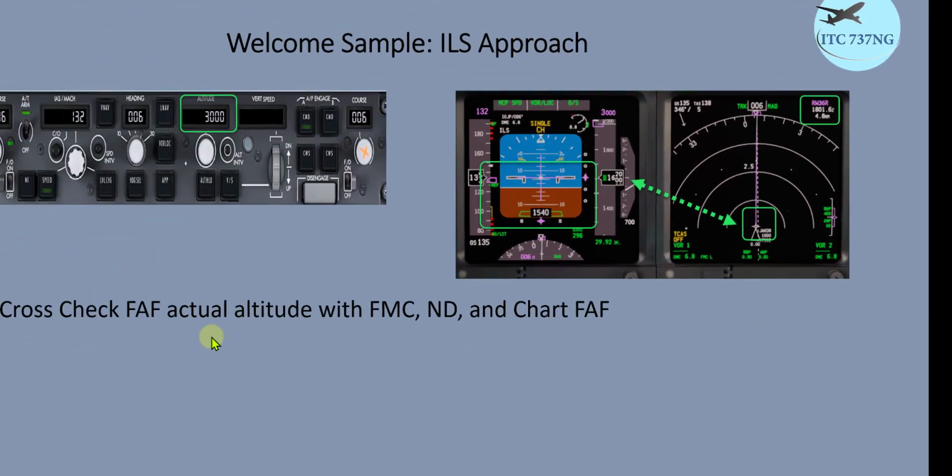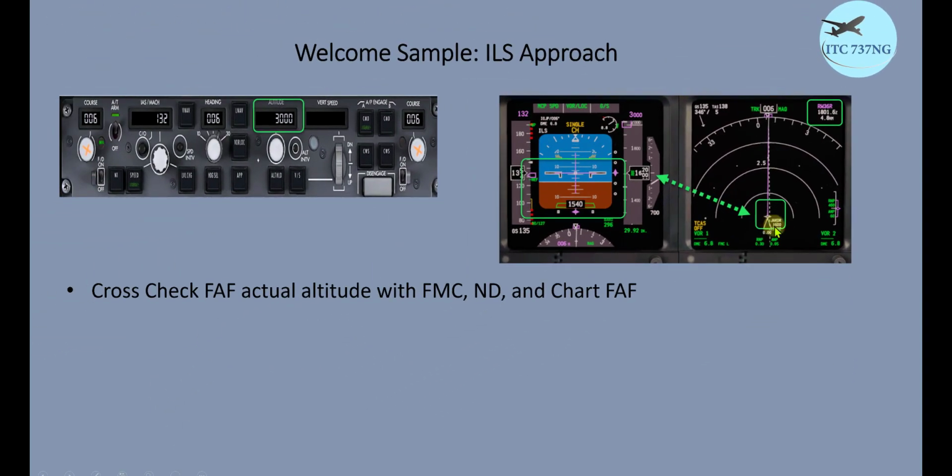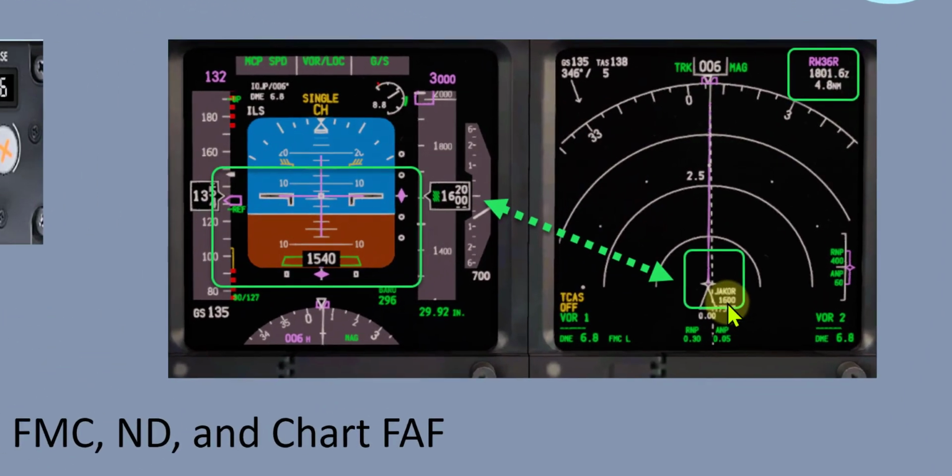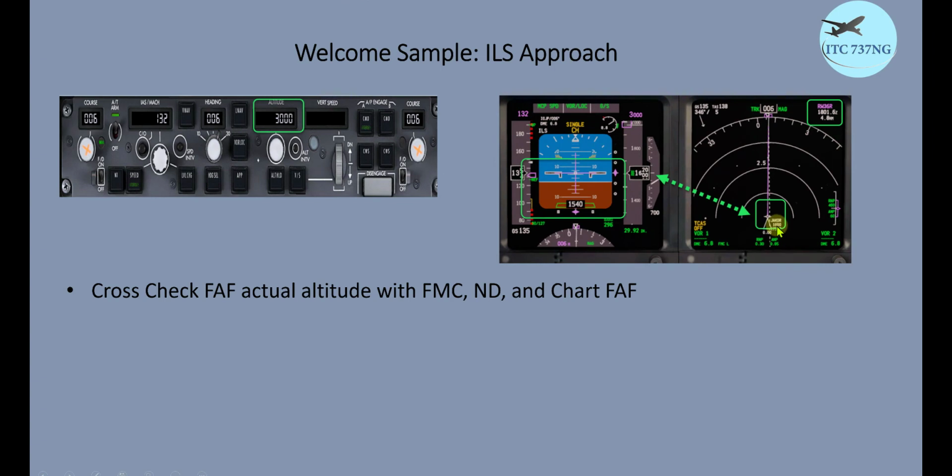Here we are crossing the final approach fix, and notice it's at 1,600 feet. So what you're going to do is cross-check that altitude with what your actual altitude is, and that is FMC generated, and it will be repeated on the nav display, but there'll also be a final approach fix altitude depicted on an aviation chart.